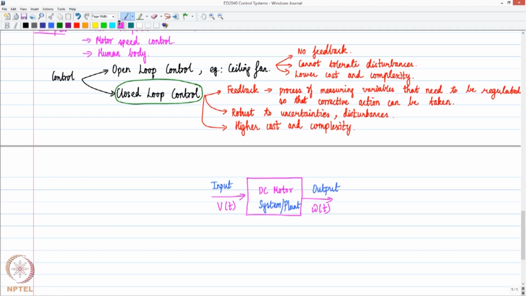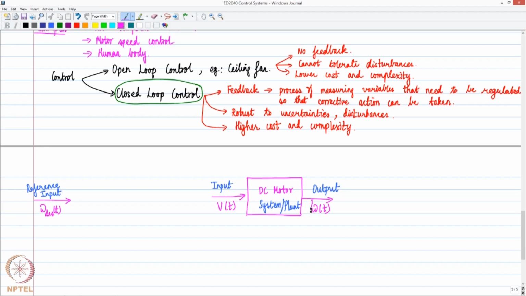Suppose let us say I want a desired output, let us say a desired RPM of rotation from the motor. So, this is what we call a reference input. And what we do then is the following.